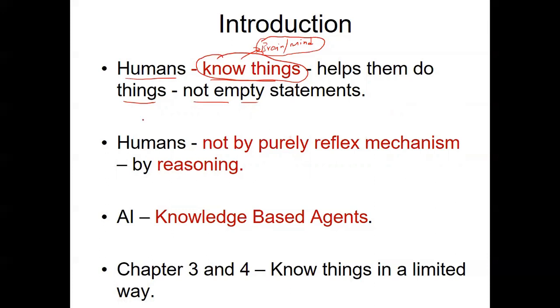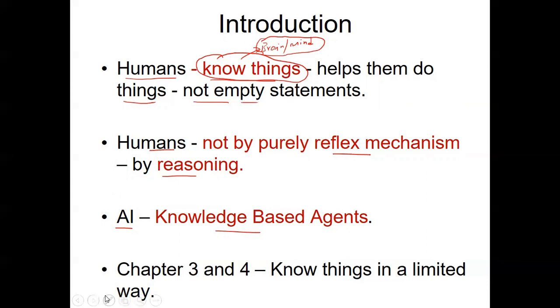And humans do not work just by reflex mechanism. It's not a reactive mechanism. Rather, they reason. They learn over a period of time. They analyze the facts and then they make decisions. So if you are able to make an AI system do that, then such systems are called knowledge-based systems.